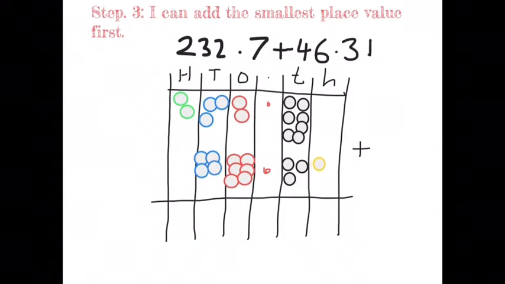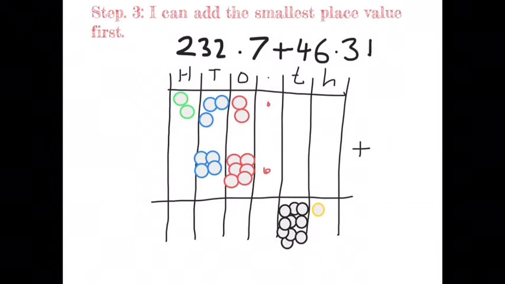So let's add the hundredths first. So we've got 1 hundredth. Right, let's move to the next column. We'll add the tenths. And we've got 1, 2, 3, 4, 5, 6, 7, 8, 9, 10.